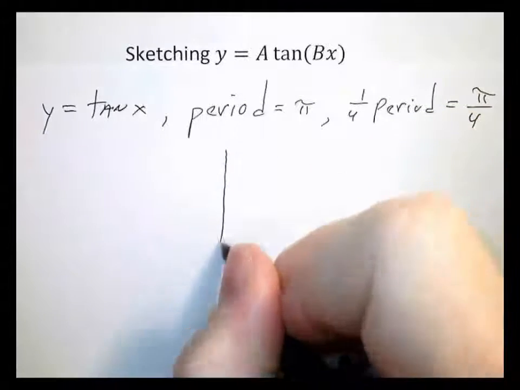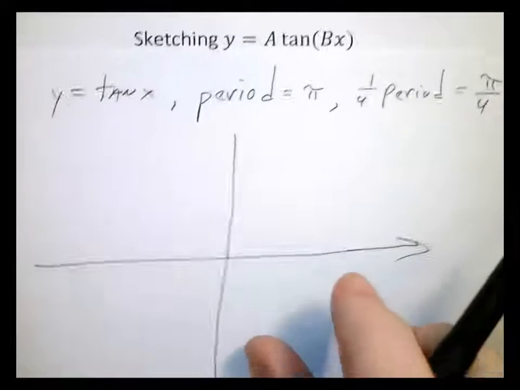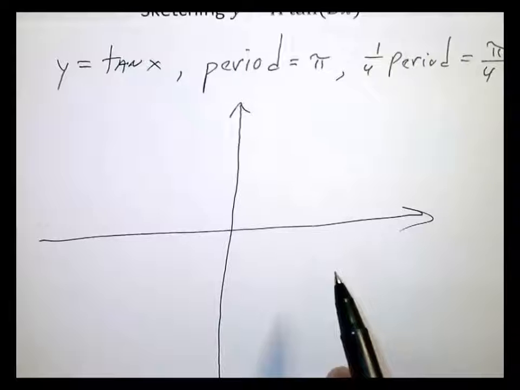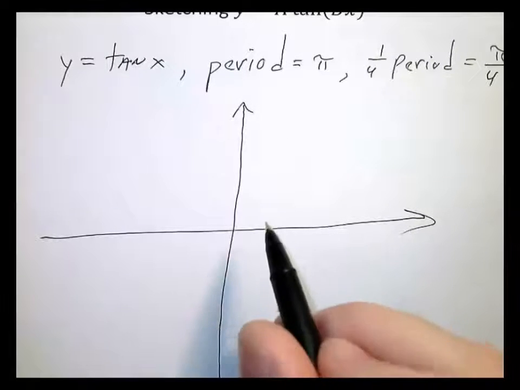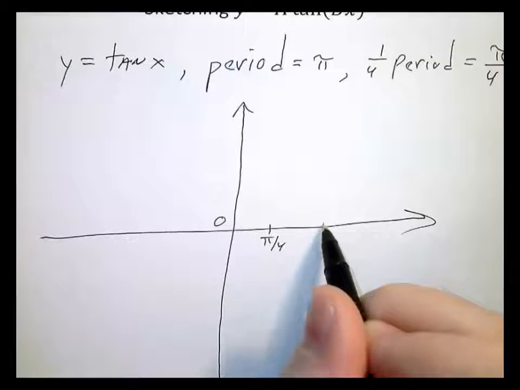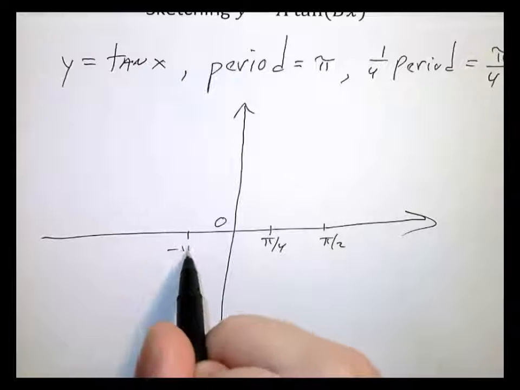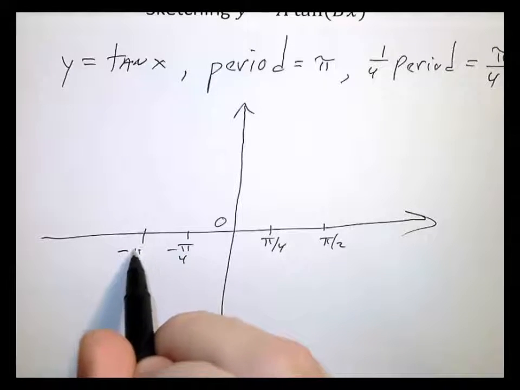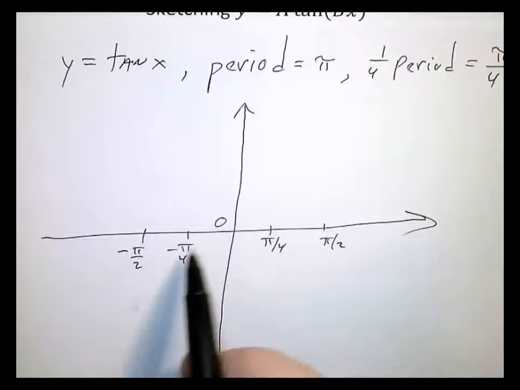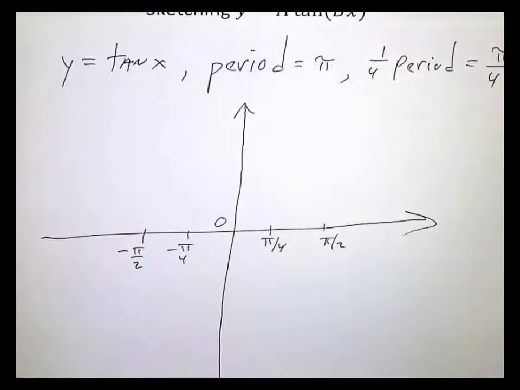So here's my y-axis, my x-axis, pi over 4 apart. Here's going to be 0, pi over 4, then pi over 2. Then I have negative pi over 4, negative pi over 2. So these 5 points on the x-axis, we want to think what's going on with them for our y's.